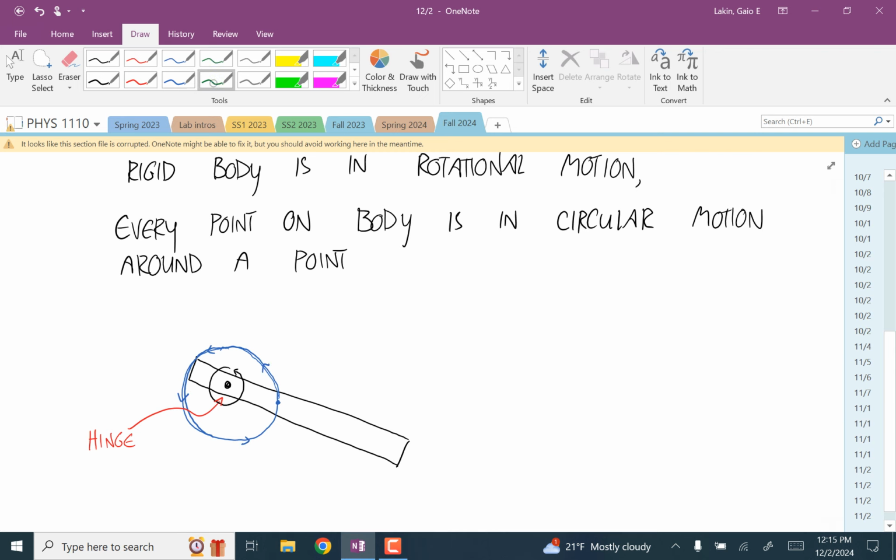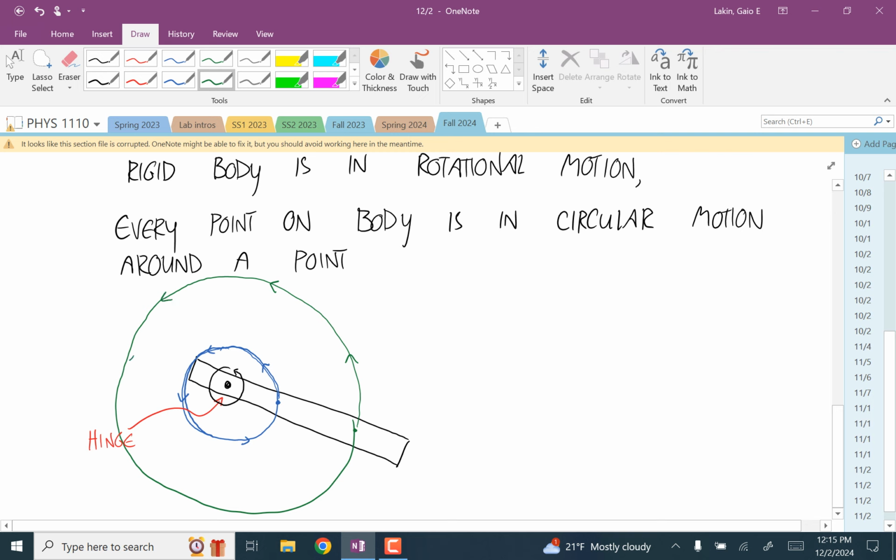And if you look at a different point, that's also following a circular path like that. So whatever point you choose, it's in circular motion around that hinge. And that's why we're going to see a lot of those circular motion equations in this stuff.